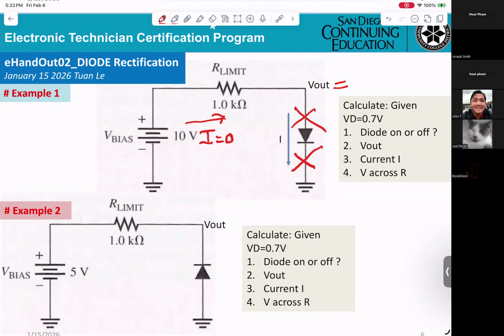Basically, you're measuring the voltage across it: the voltage on this side and the voltage on this side are the same, so they are supposed to be 10 volts, with no voltage drop across the 1 kilo ohm.